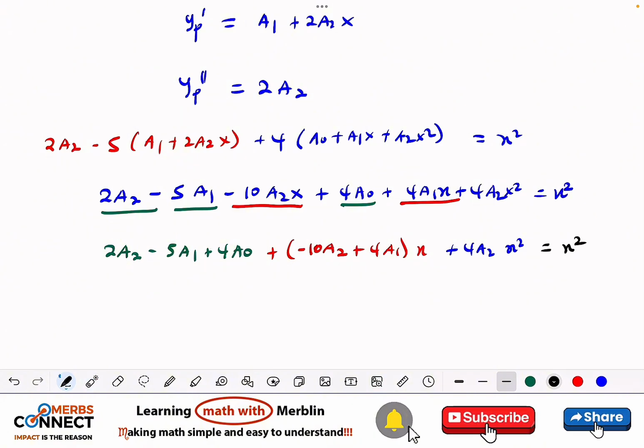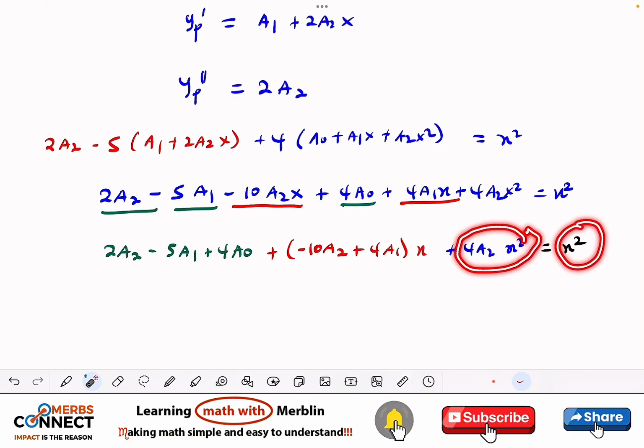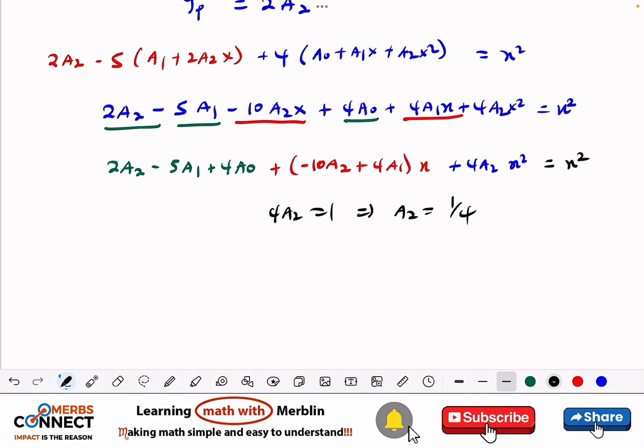So we see that we have a term with x squared. So we need to compare with the term x squared here. The coefficient of x squared here is 1, and the coefficient of x squared here is 4a2. So I'm going to have 4a2 equal to 1, and this implies that a2 is equal to 1 divided by 4. Good.